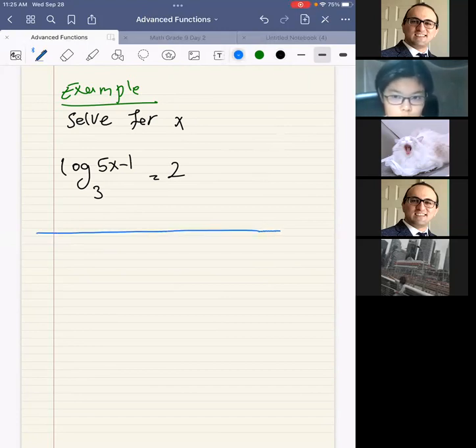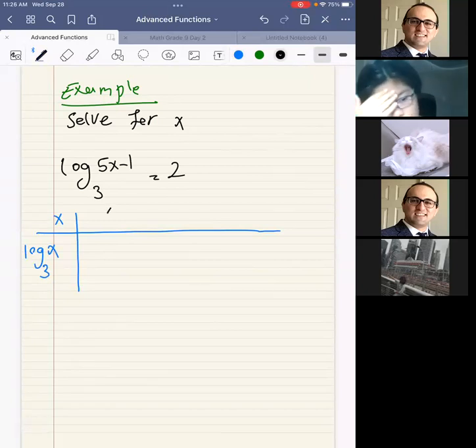Let me draw a table just to clarify. This is x, and this column is log with base 3. If x is 1, what is log of 1? 0, because 3 to the power 0 is 1.